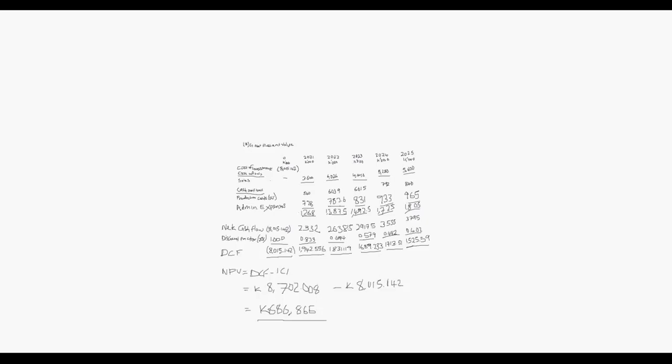But in this case, we have more discounted net cash flows than the cost, meaning we are going to definitely make a profit even after discounting the future cash flows.